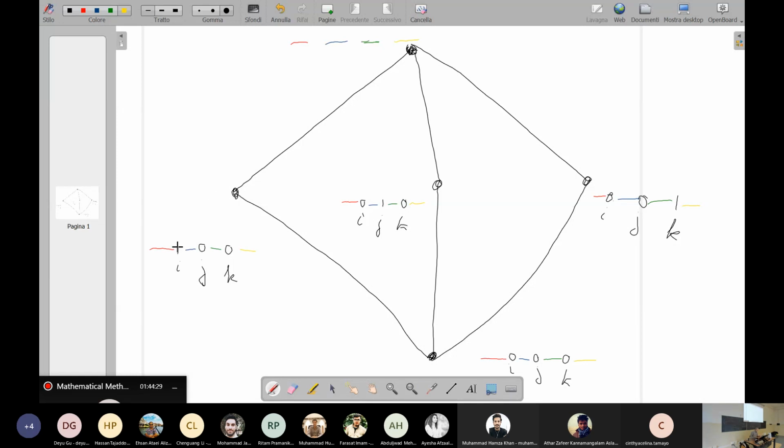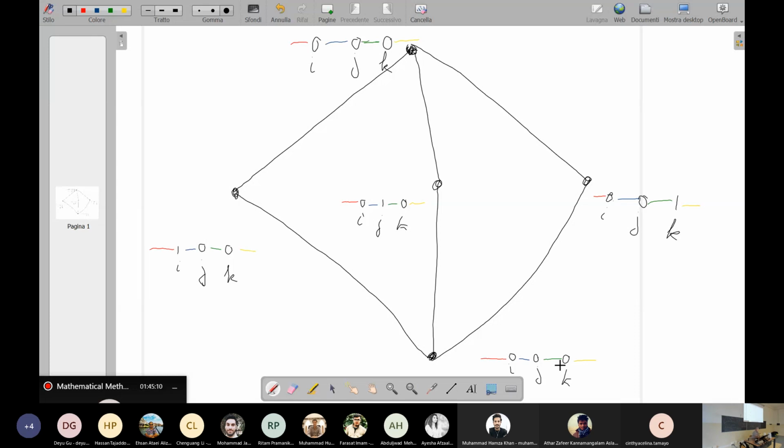In order to be different from this on exactly one coordinate, we should have here 0, 0, and 0, okay? 0 for having something different from this, 0 for having something different from this, 0 for having something different from this, but then we would have exactly the same string that we have here. This is not possible, because they would be the same vertex.